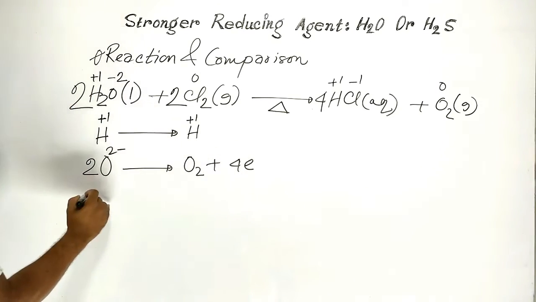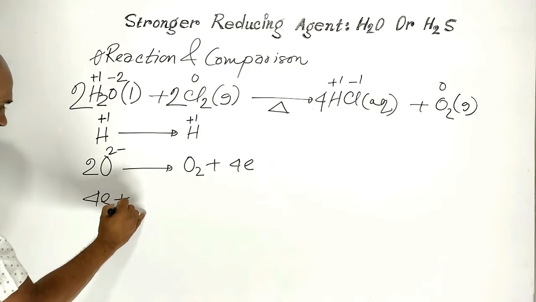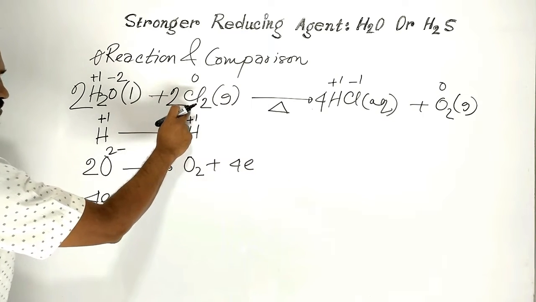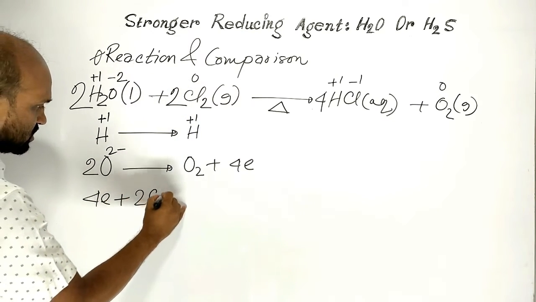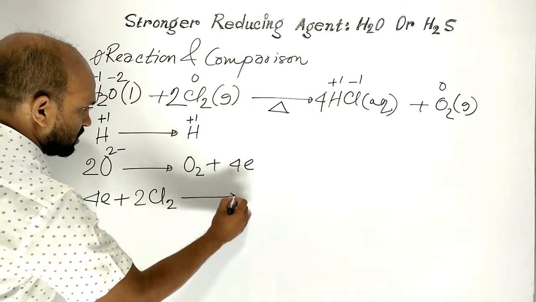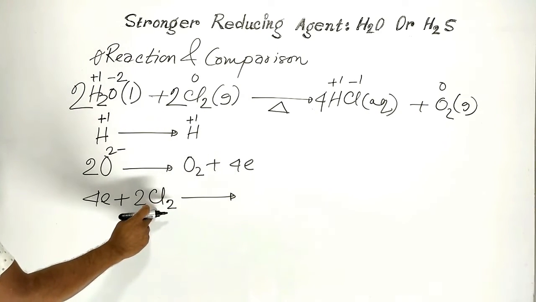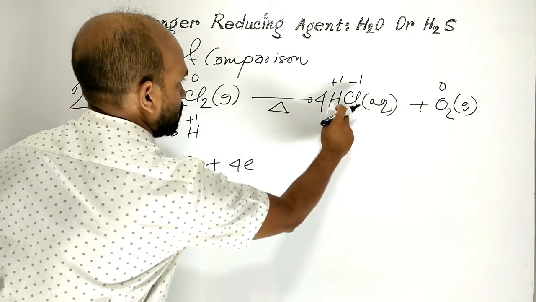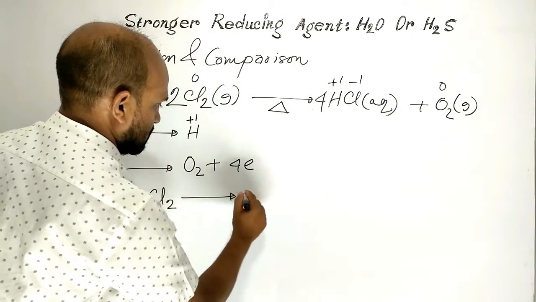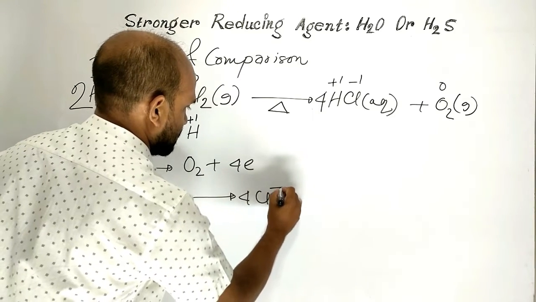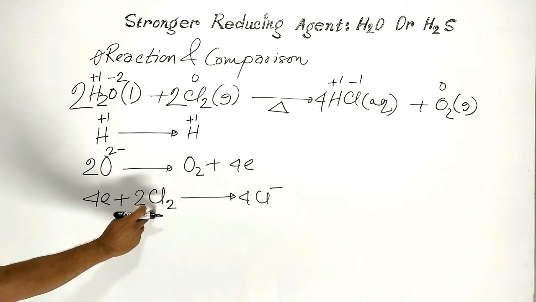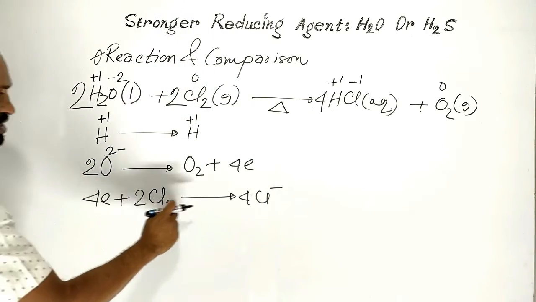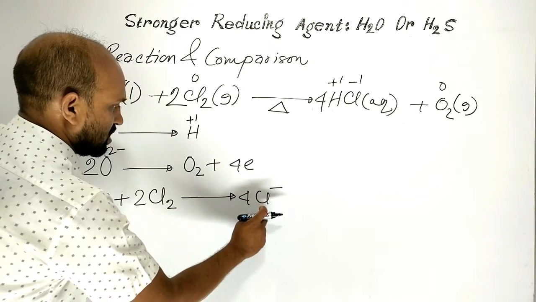These 4 electrons are accepted by 4 chlorine atoms, that is 2 chlorine molecules, and then chlorine changes to 4 chloride ions. That is, here chlorine is reduced to chloride ion.